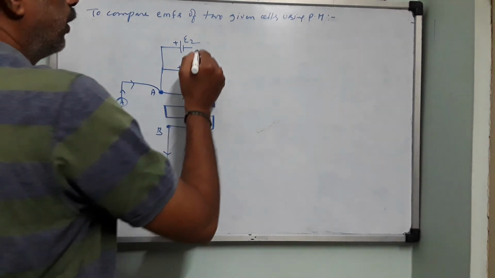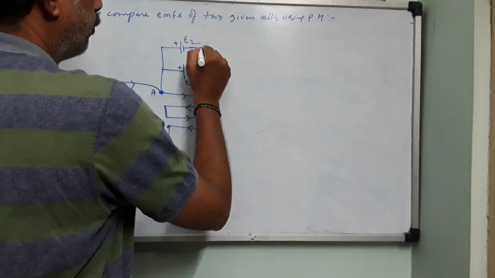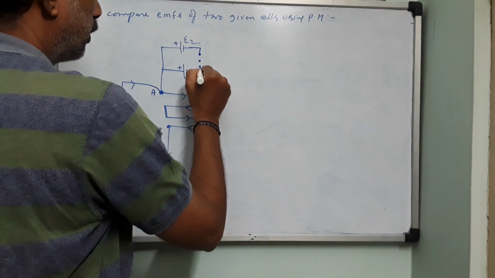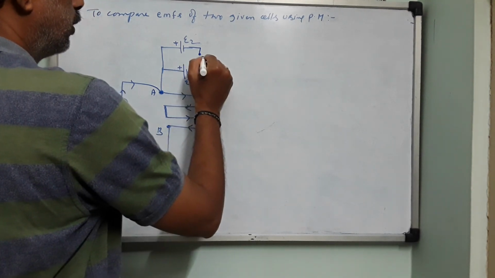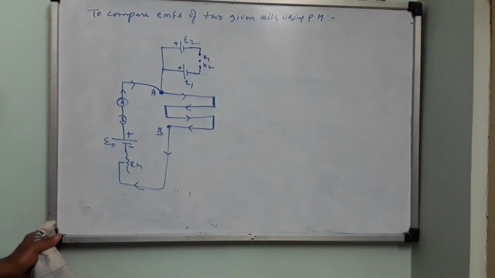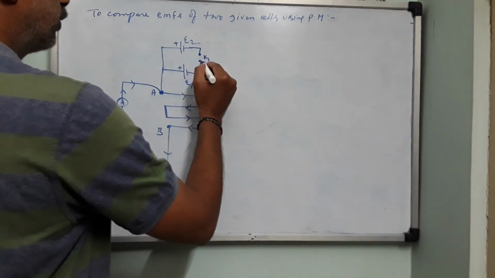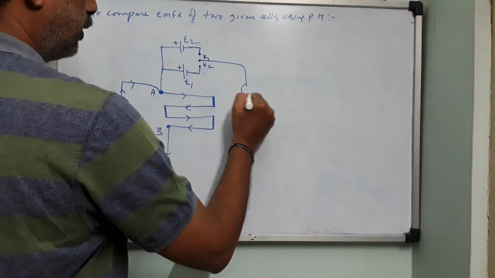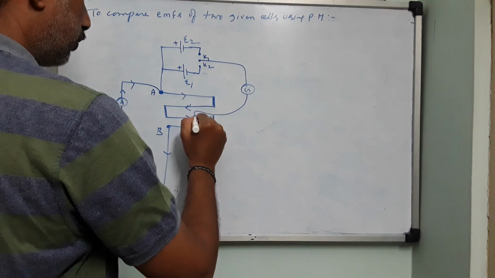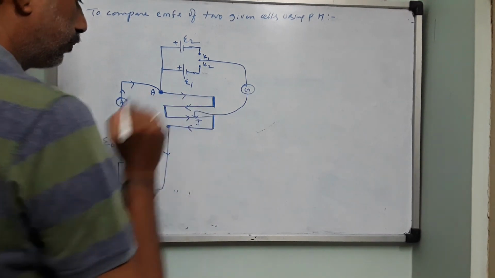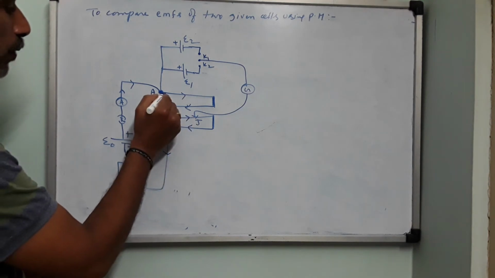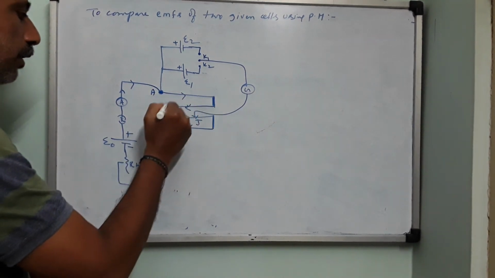Now here I will have a two-way key. This is K1 and this is K2. From the middle of this, I take the galvanometer, and here is the jockey at point J. This jockey can slide from this point, going on touching like this.